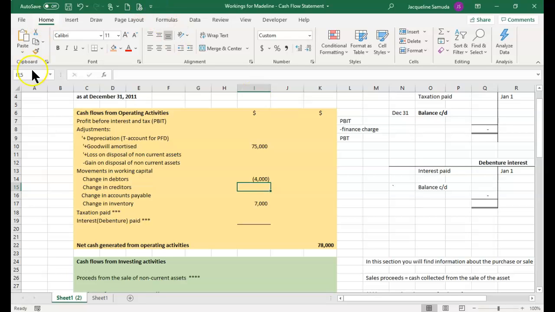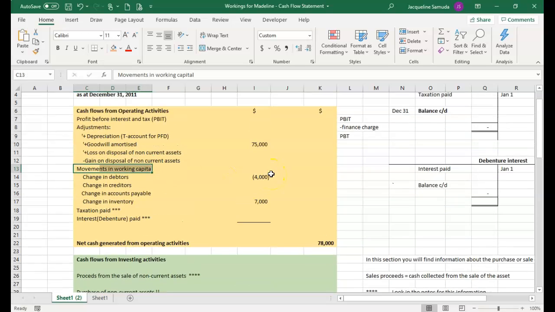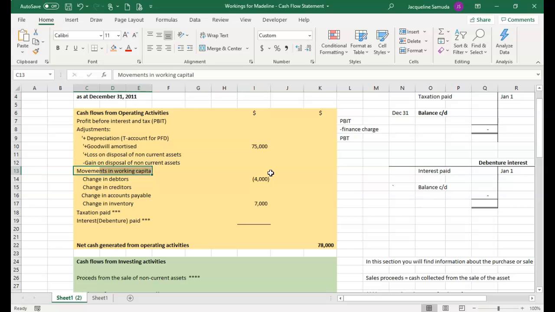The next figures in our working capital movement section is your creditors. And when I look on the document, I see where the company started with $17,000 in the previous year. So the year started, 2011 started with $17,000 and it went up to 22,000.